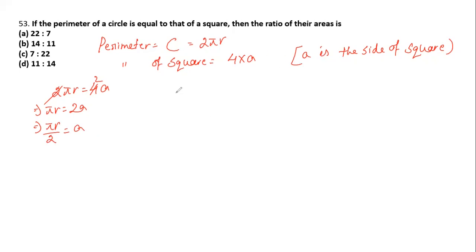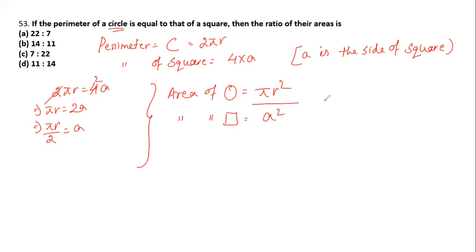Now the ratio of their areas. Area of circle, because the circle is given first. So area of the circle is pi r square, area of square is A square. So we will put the value of A here.